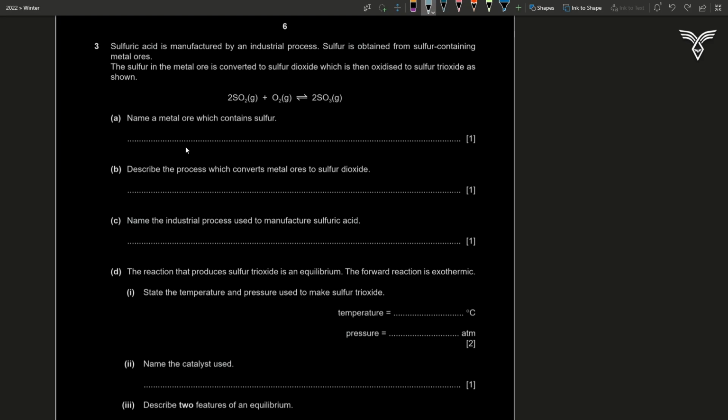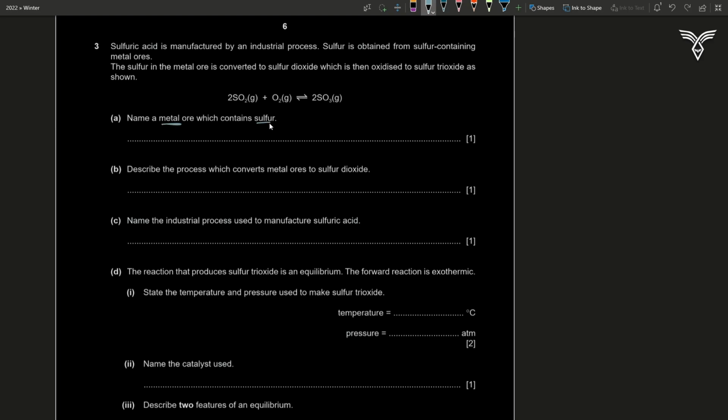Aluminium we extract using electrolysis. It does not contain sulfur. And iron we put in a furnace, and hematite is an oxide, it does not contain sulfur. Zinc we find in zinc sulfide form.